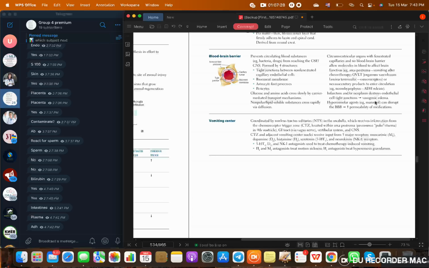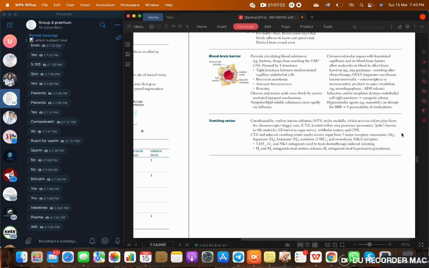Because the tight junction was gone. They also write that a hyperosmolar agent like mannitol can disrupt the blood-brain barrier. Why? Because it increases the permeability to medication. So mannitol can actually be utilized for brain edema to take the water out of the brain osmotically.